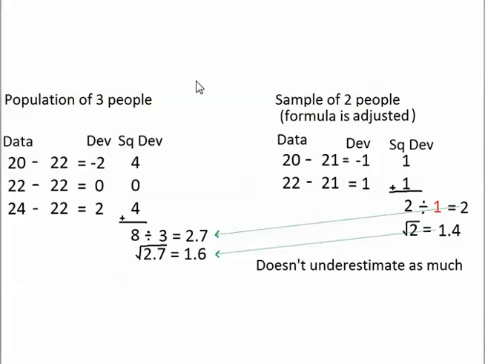The population includes all of the extreme values. And when you take a sample from the population, you tend to not get all of the extreme values that you would find in the entire population.